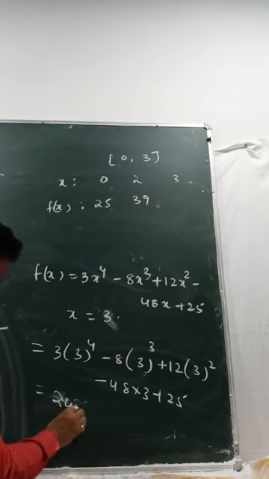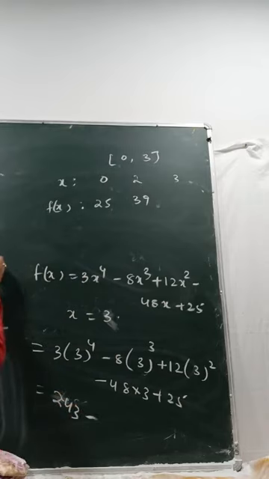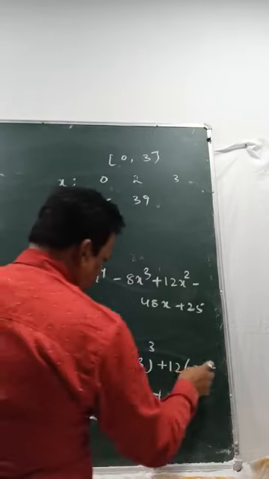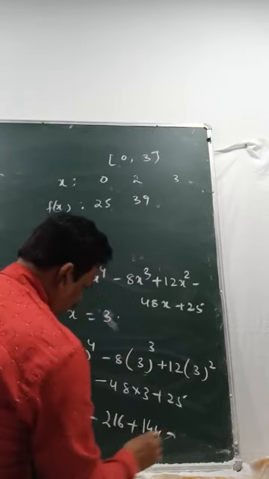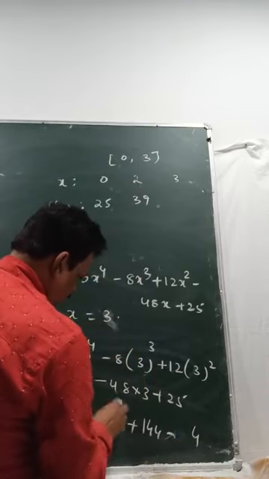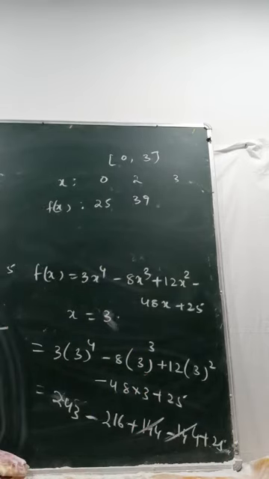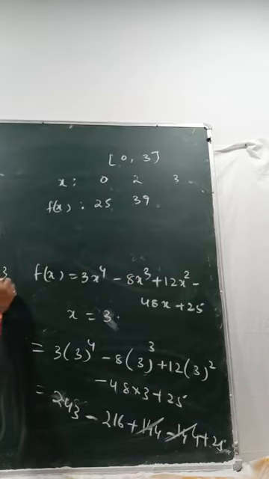This is 27 × 8 is 216. Then the 12 terms again get cancelled. So I get 243 plus 25, that gives you 268. 268 minus 216 is 52.